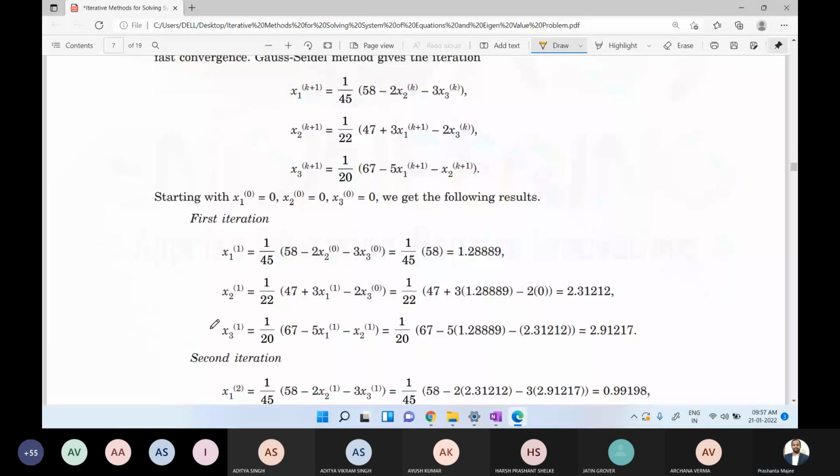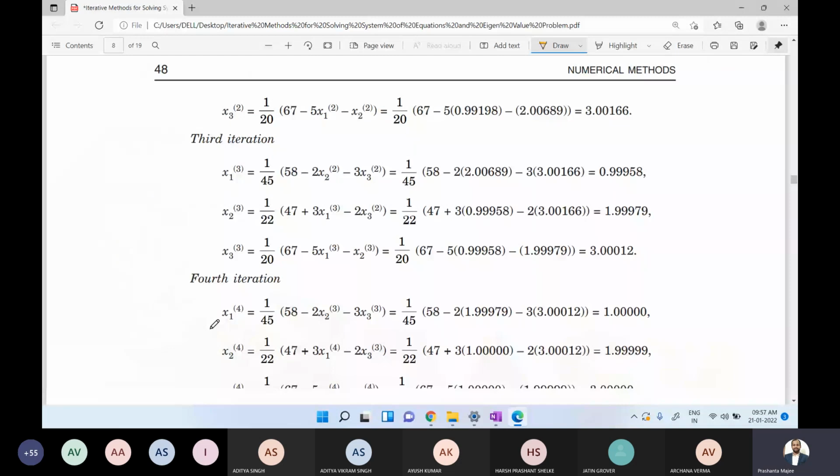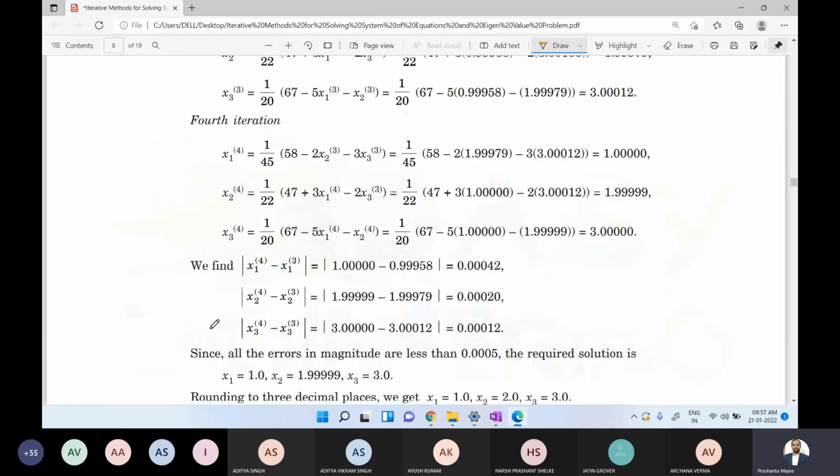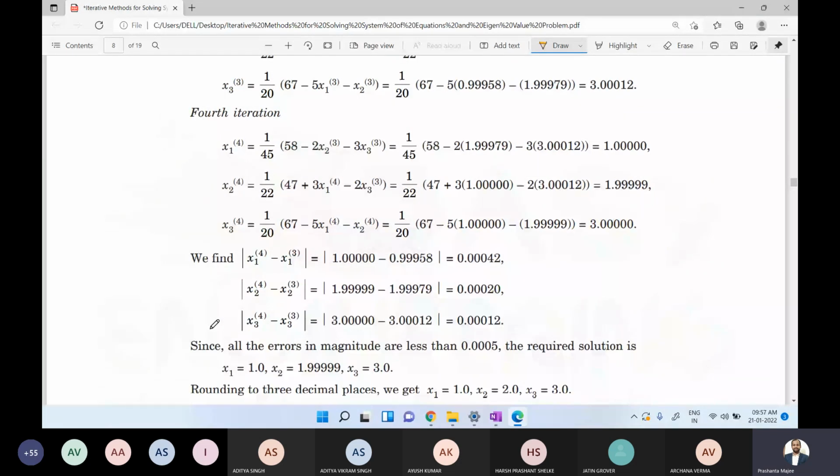And you see, after fourth iteration, the values are 1.000, 1.99999, and 3.00000. So what are the exact solutions? Exact solutions are 1, 2 and 3.